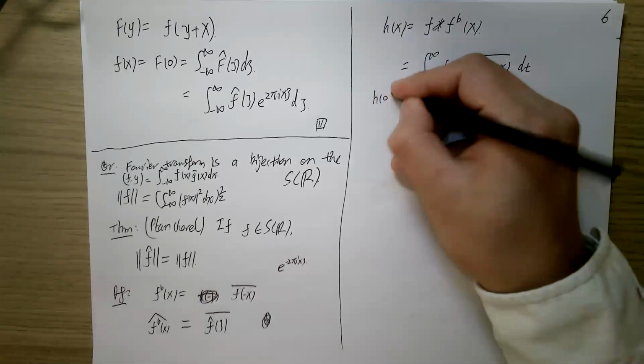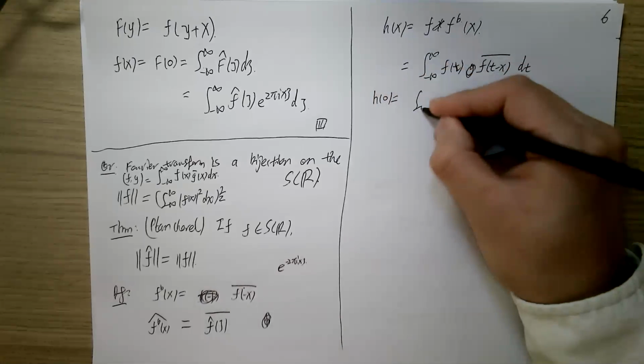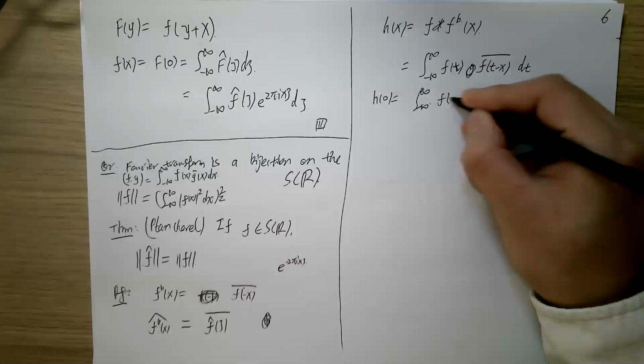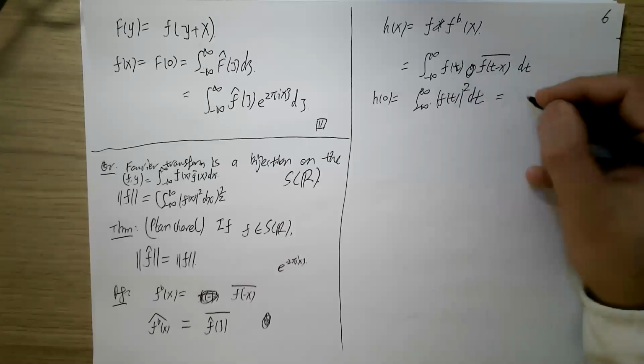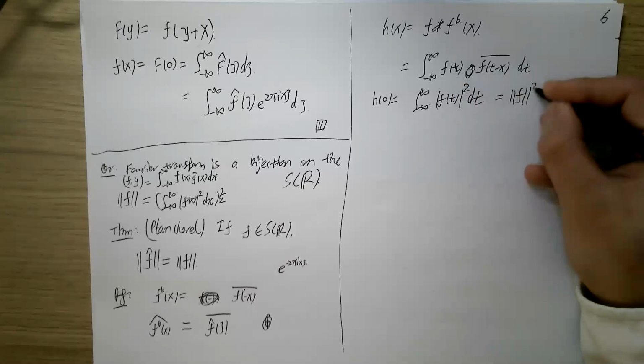So h(0) is the integral of |f(t)| squared dt, which is the norm of f squared.